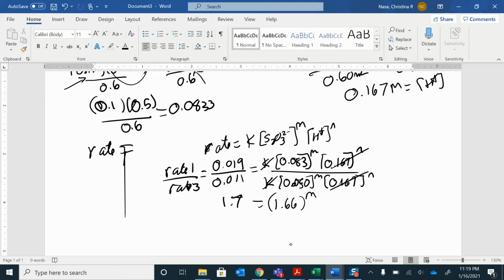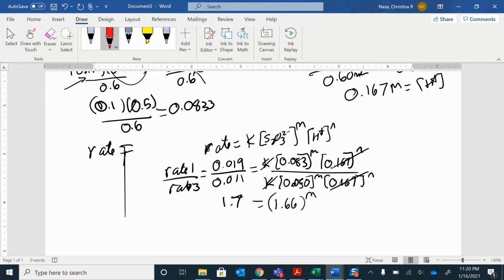If I round that up to 1.7, 1.7 equals 1.7 raised to the m, I can eyeball that and say that m is going to be 1. If your numbers end up not being that close, you can take the natural log of both sides. When I do the natural log of this, my m comes out in front.